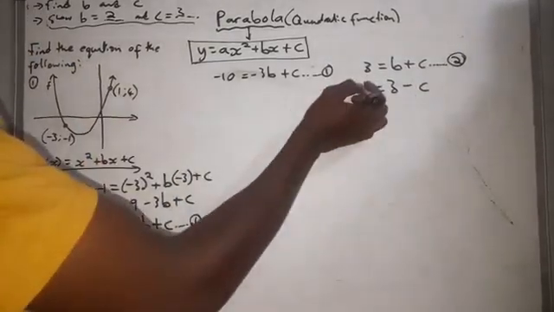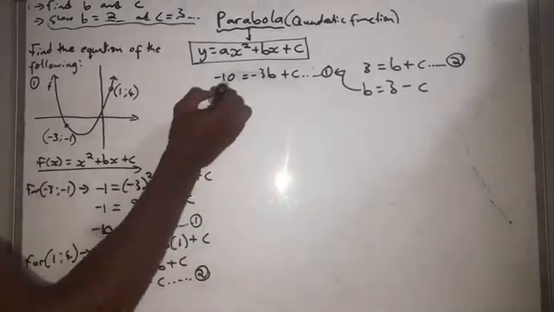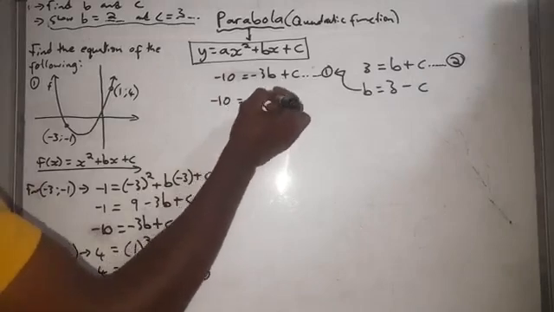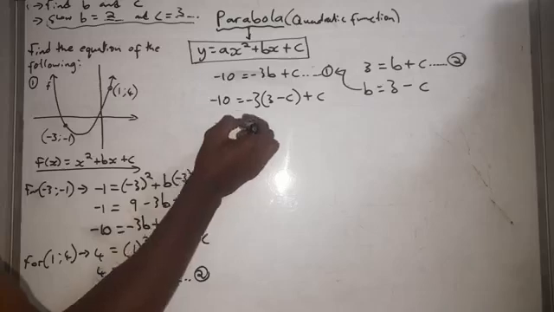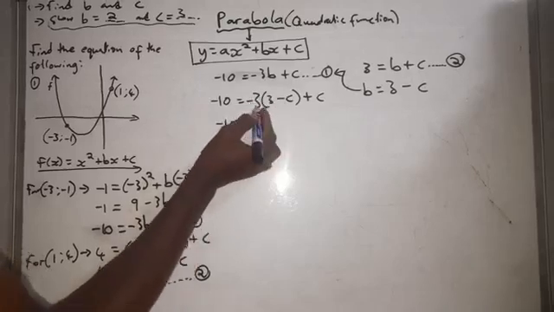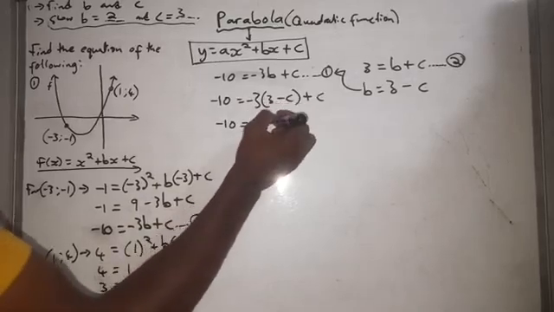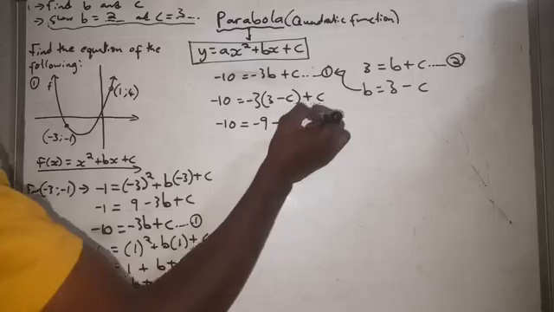Now that I've found the value of b, I'm going to plug it over here. Minus 10 equals minus 3, in the place of b I'm going to plug 3 minus c, plus c. Then minus 10 equals negative 3 times 3 is negative 9, negative 3 times negative c is going to be negative 3c, then plus c.